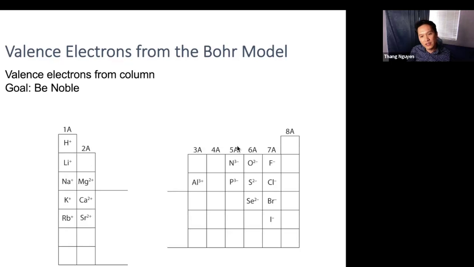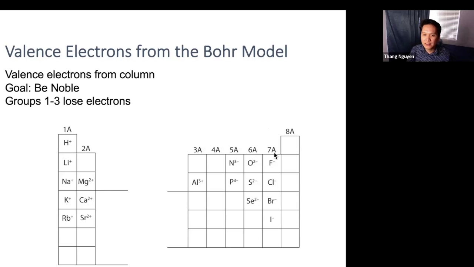Now, if it gives one valence electron away, it has exactly one more proton than electrons. So that's why it's a positive 1. So that's why all of these elements, when they give off electrons to become a noble gas configuration, will be positive 1. So 2A will always be 2 positive, 3A will always be 3 positive. So the first 3 will lose electrons and therefore be positively charged.